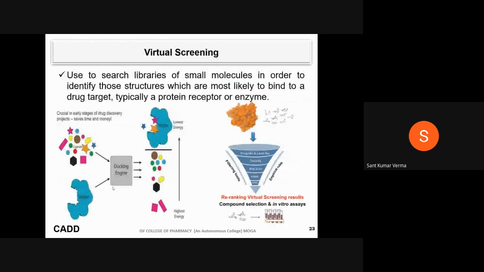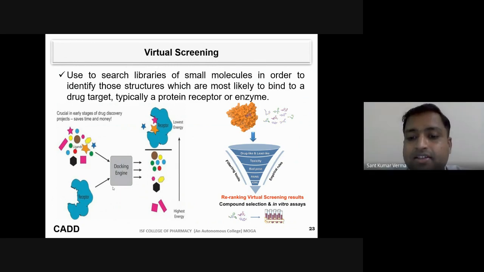Next, virtual screening. You have a library of molecules. In the left side figure, you can see a number of ligands and a receptor. We can dock these ligands with the receptor and identify the appropriate ligand which is most fitted to bind within the cavity. In the right side approach, we can also screen this library for drug likeness, toxicity, bad poses, PAINS, and ADME.